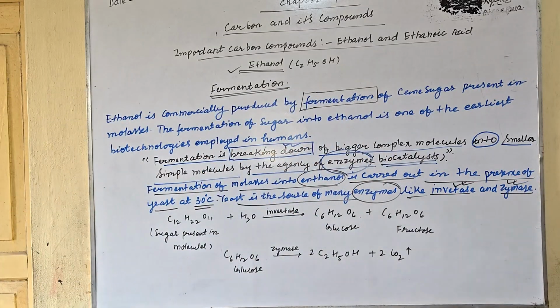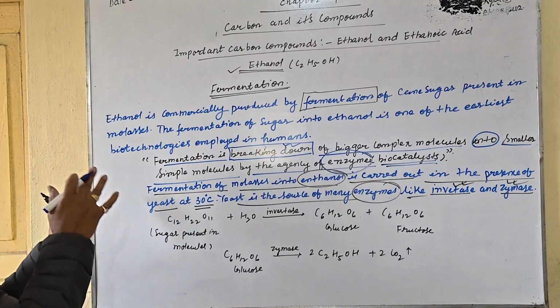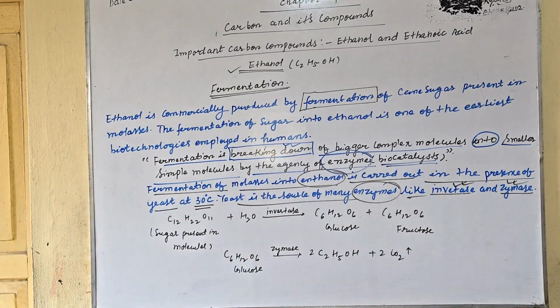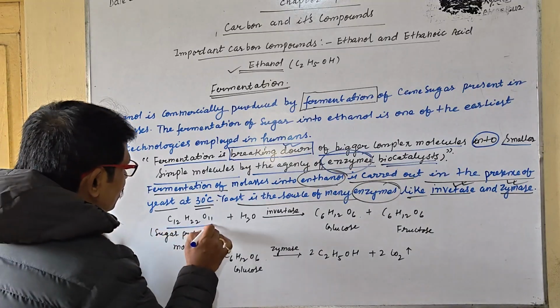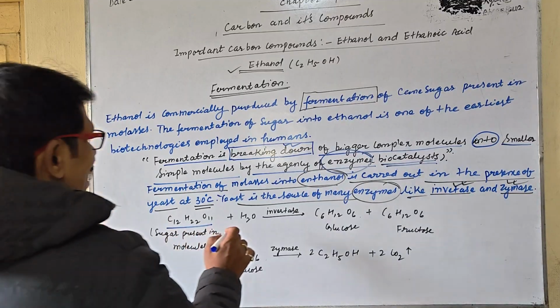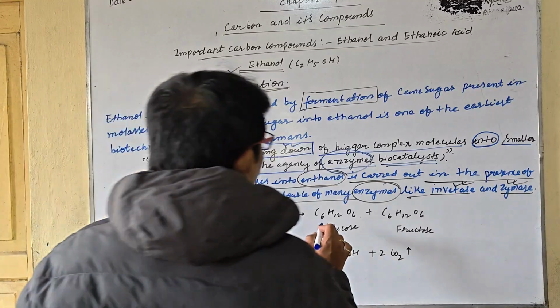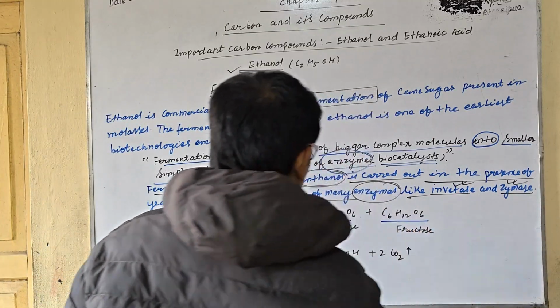So my dear student, this is quite clear about fermentation, and fermentation is the process for the commercial production of ethanol. So this is C12H22O11, and this one is H2O. React with H2O, invertase as a biocatalyst, it gives you glucose and fructose.